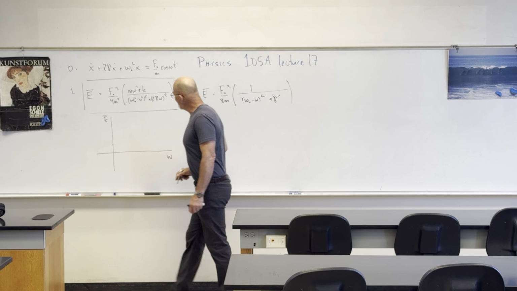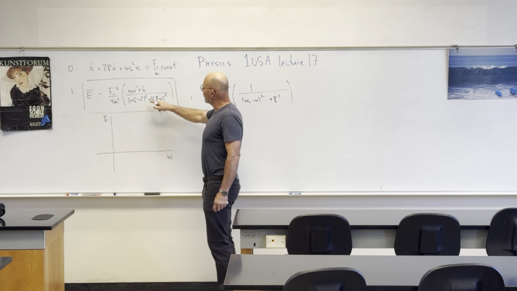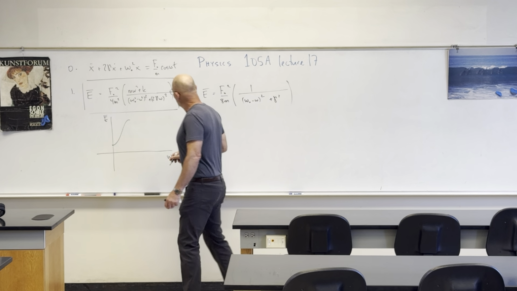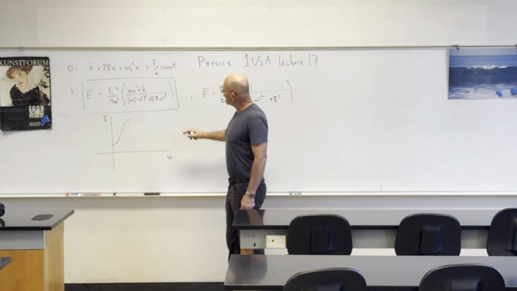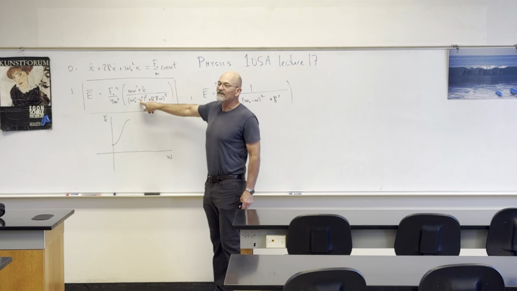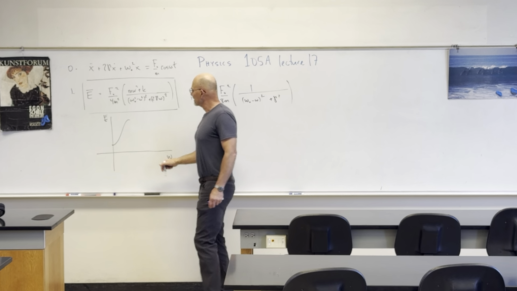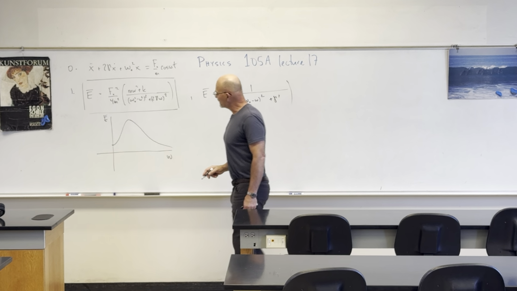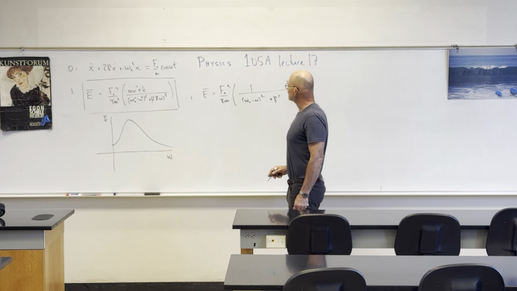It's going to increase and reach some kind of a maximum. And for very large omega, you can have omega squared here and here, but you're going to have omega to the fourth here. And that tells us that this thing decreases. Okay. And so you've got some kind of resonance peak there.